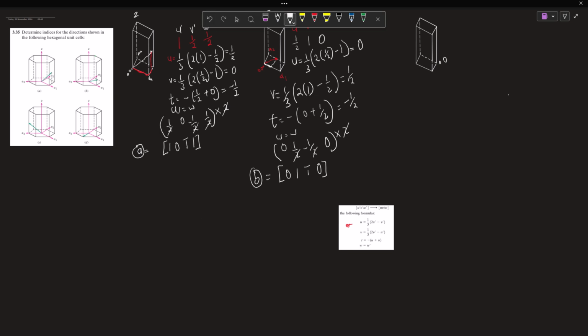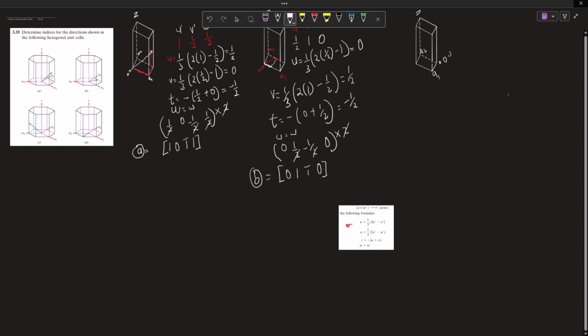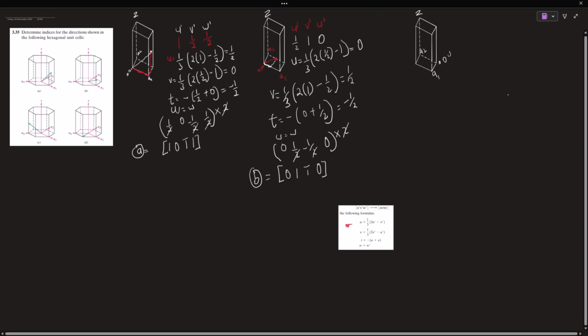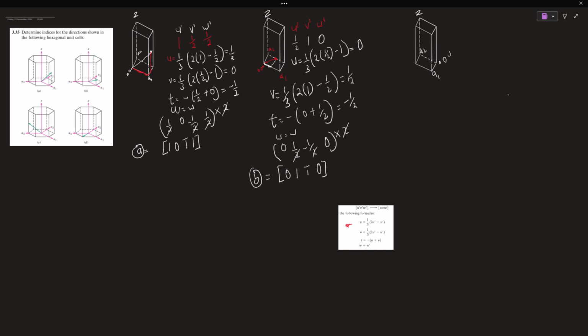So this is my origin, and this remains our A1. This remains our A2 and this remains our Z. Okay, so A1, A2, Z, origin behind, and I think that's all for now.